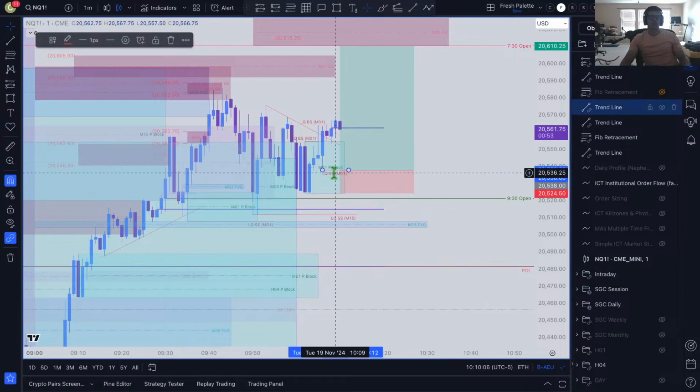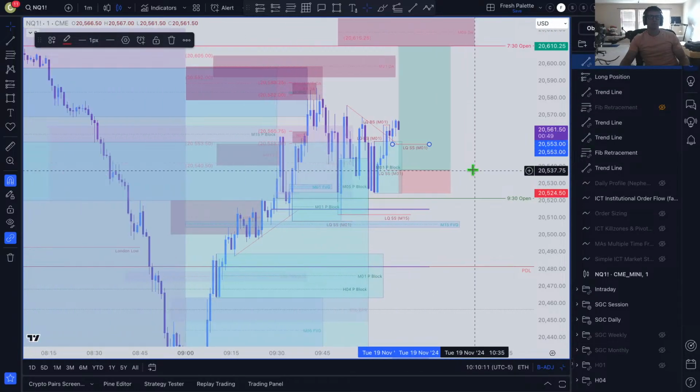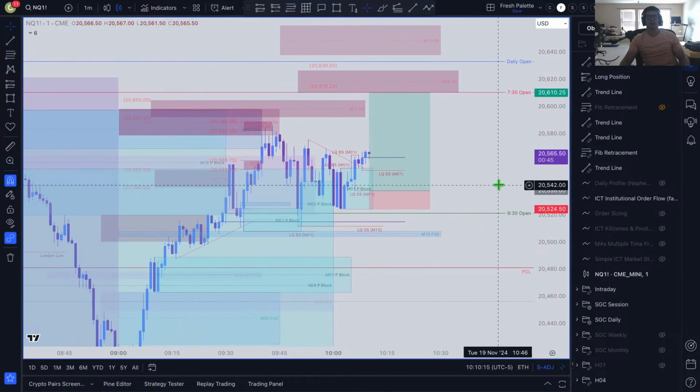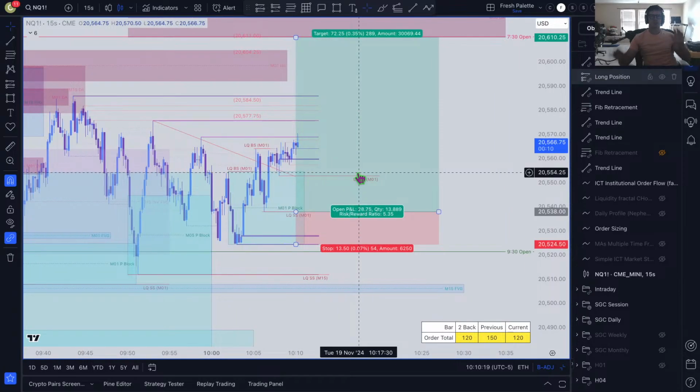You get another possible sweep level here now. Effectively, what I'm arguing is that you might need more liquidity to make this move. But again, could be wrong.